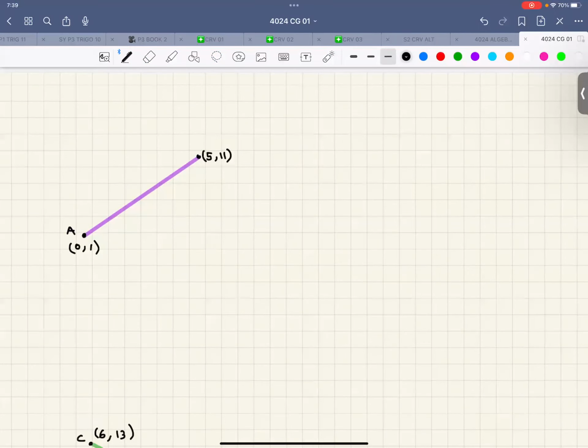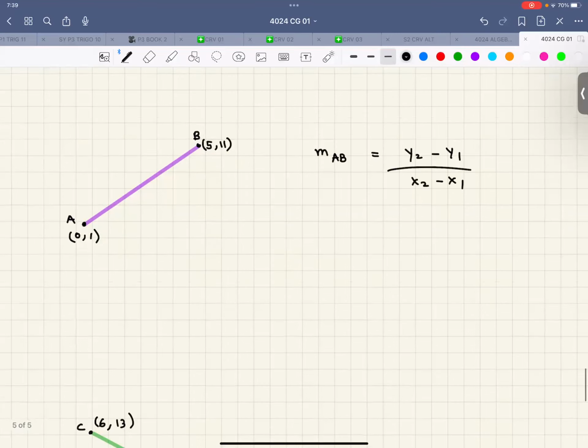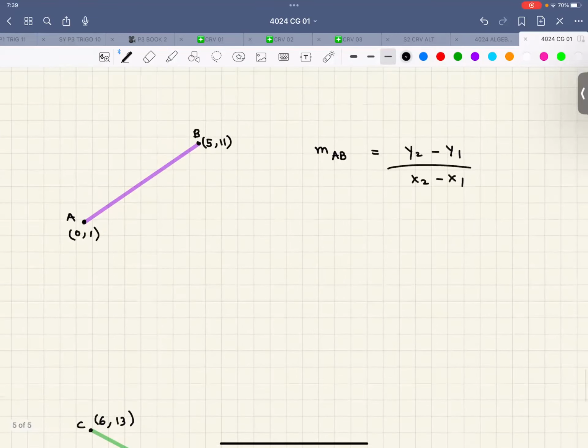And this is B over here. Now the gradient of AB, that is y2 minus y1 over x2 minus x1. So now make a habit of writing the points in such a manner. Write any point at the top, write any point at the bottom, and do the subtraction this way, like this.